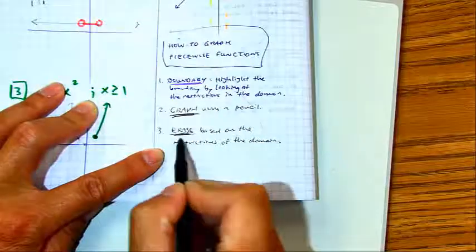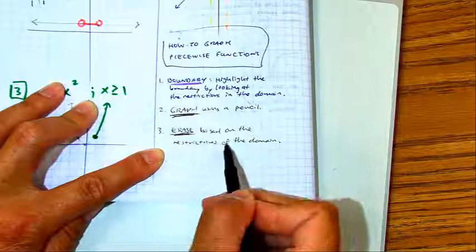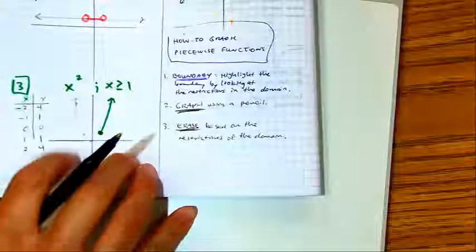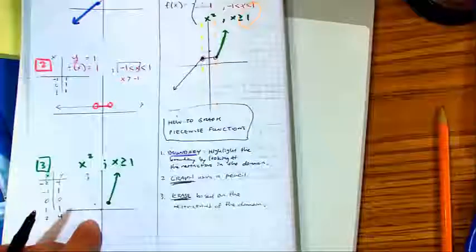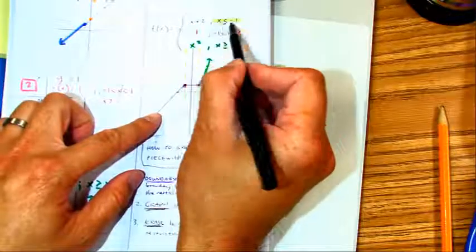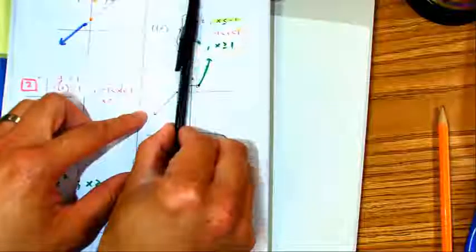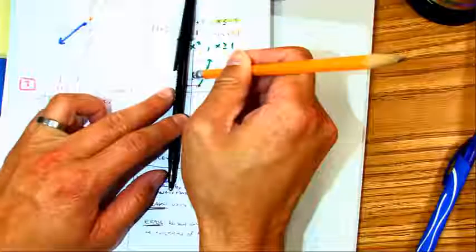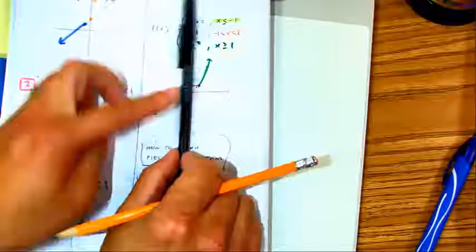Erase based on the restrictions of the domain. What does that mean? So, in x plus 2, you had the whole graph here, right? And this says x is less than -1. So we knew those were numbers to the left. So you're going to take your pencil and you're going to erase everything over here. I want numbers that are smaller than -1, so that graph stays.